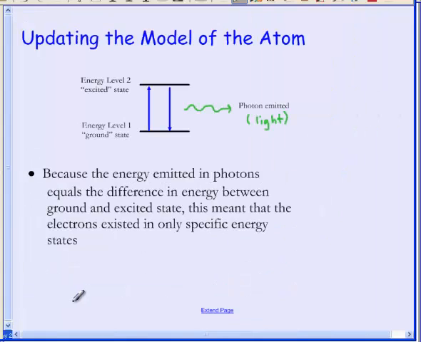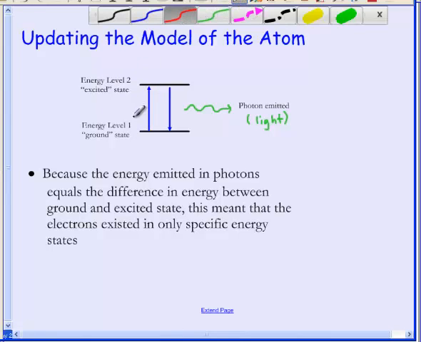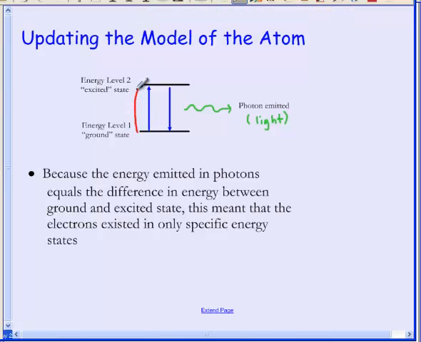Let's look at it in a different way. If we think of this bottom line as the ground state and the top line as the excited state, electrons can move up in energy. They can absorb energy if they are exposed to light. They stay up in this excited state just for a few seconds, and then they drop back down. And when they drop back down, they give off extra energy in the form of light.